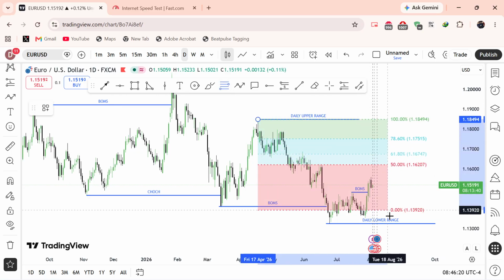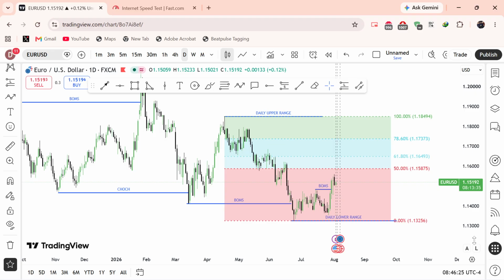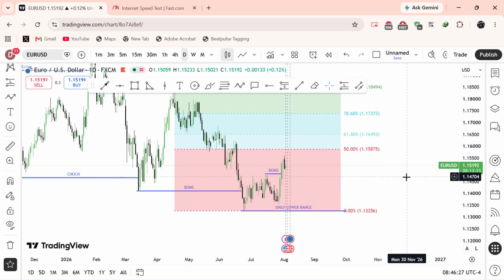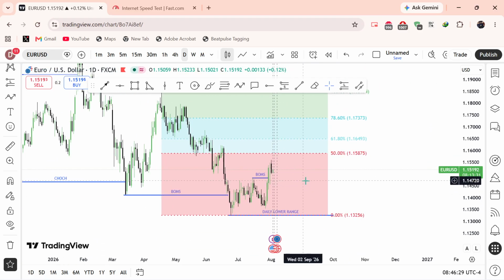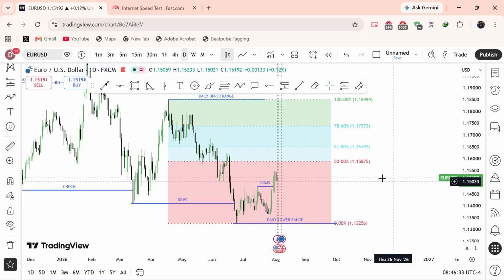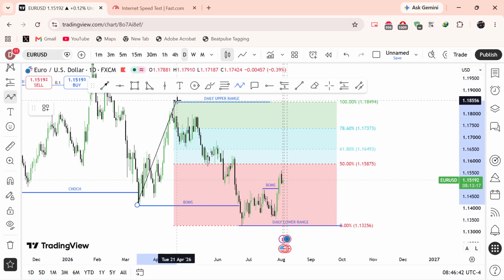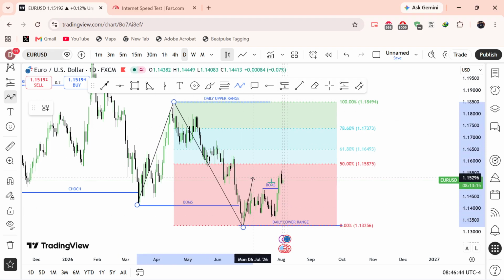You can see the market is trading in discount. If you want to continue selling EURUSD, the market has to come back after this break of market structure. The market has to pull back to premium before we could continue selling.